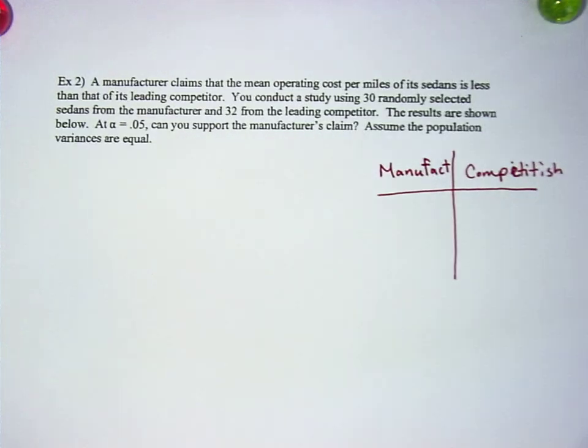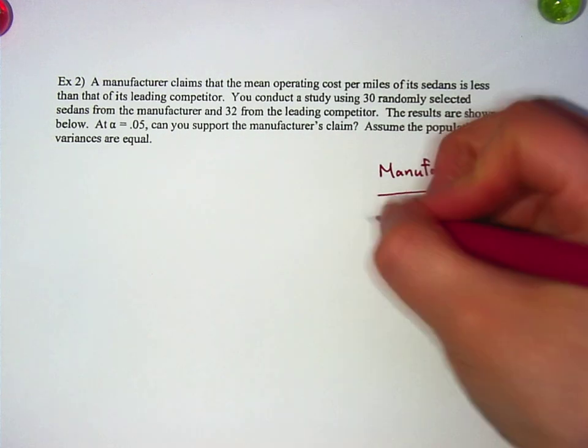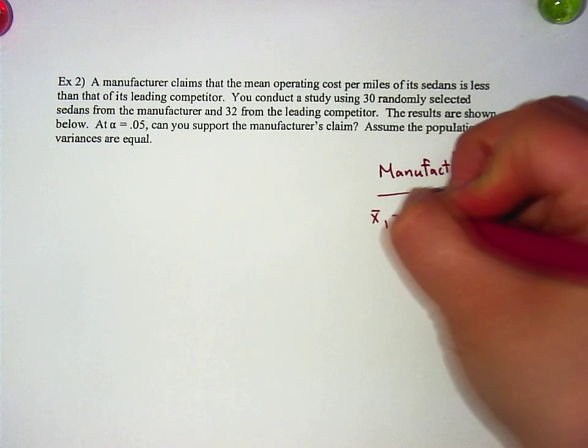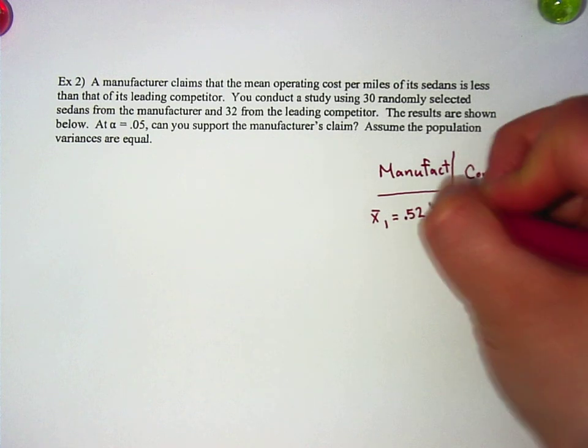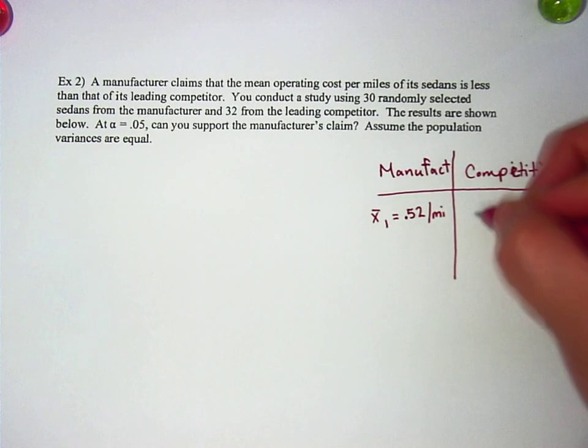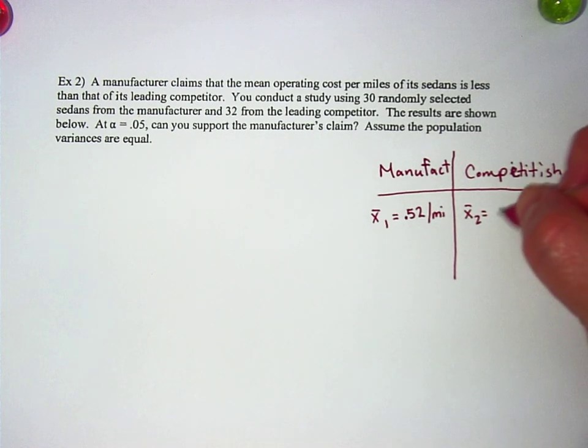All right. So, Nathan's like, what are we doing right now? Just get on with it. So for the manufacturer, the average is 52 cents per mile. And the competitor is 55 cents per mile.